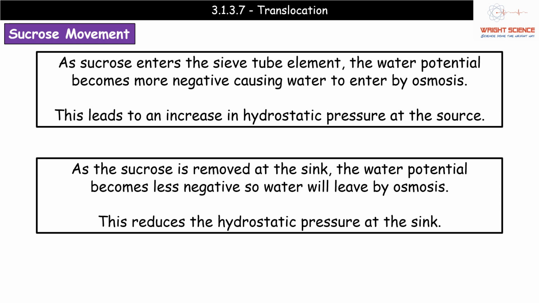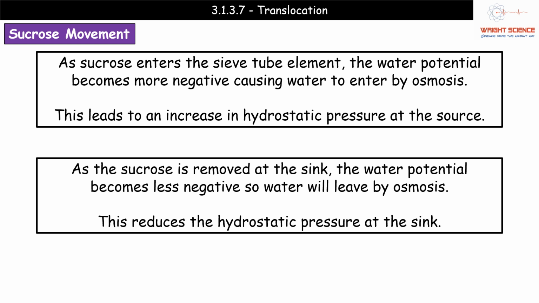Then go to the other end, the sink. At the sink, we're going to be removing sucrose because that's where we need the sucrose for whatever process we are carrying out. Therefore, as the sucrose is removed, the water potential becomes less negative, and so the water is going to leave by osmosis.